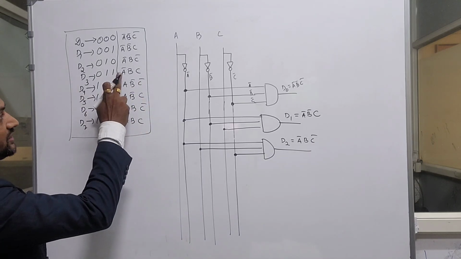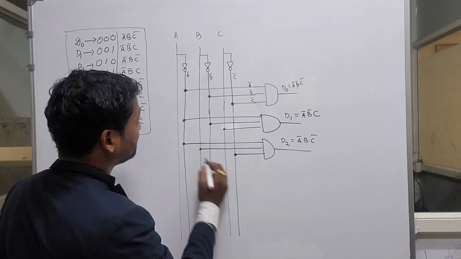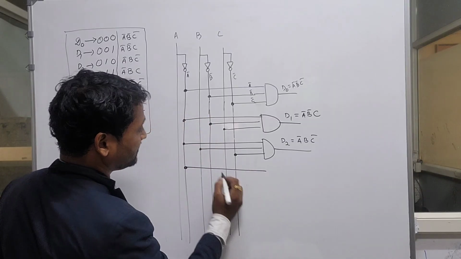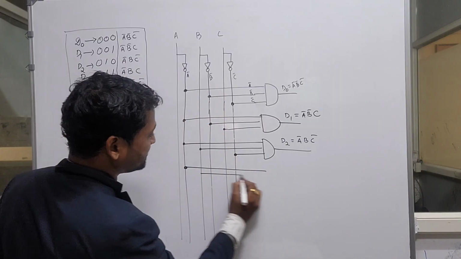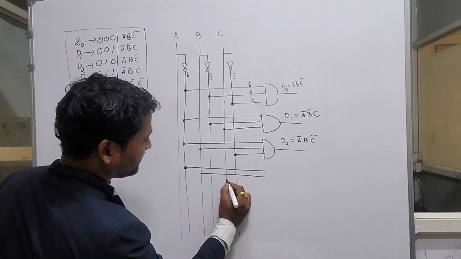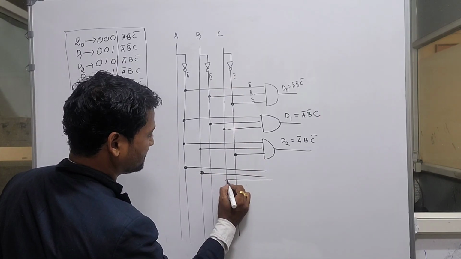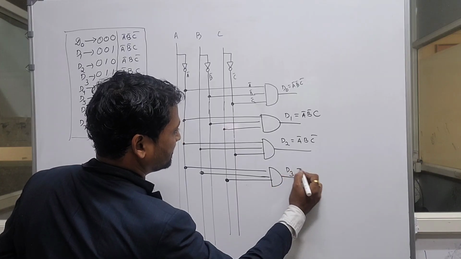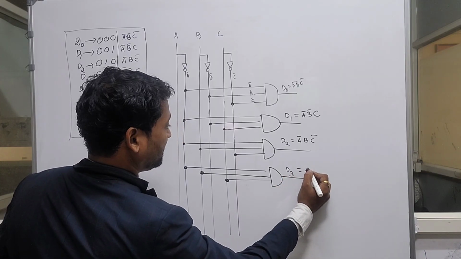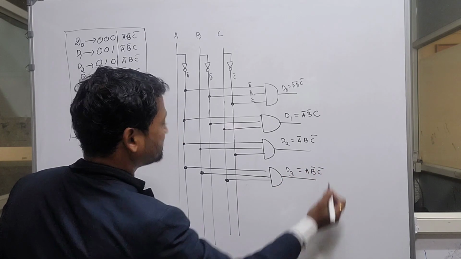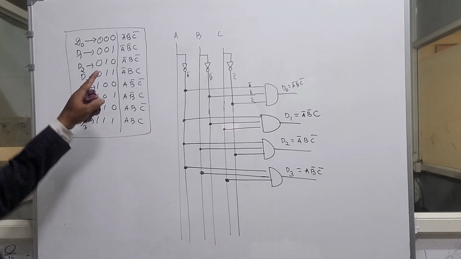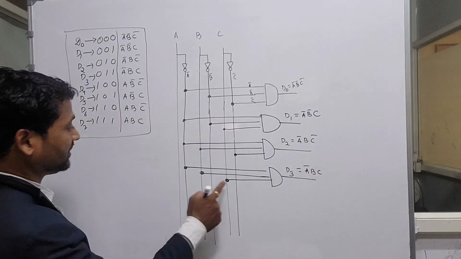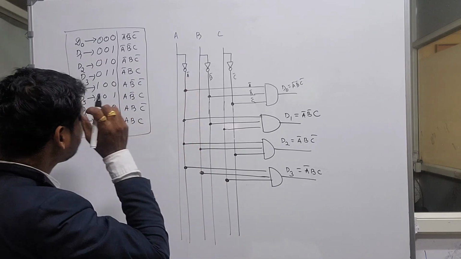Next is D3. D3 क्या है? A bar, B, C. So this one is your A bar, ठीक है, and here it is B, and this is your C. It is your D3, A bar, B, C. ठीक है.